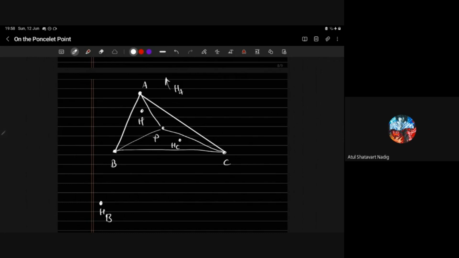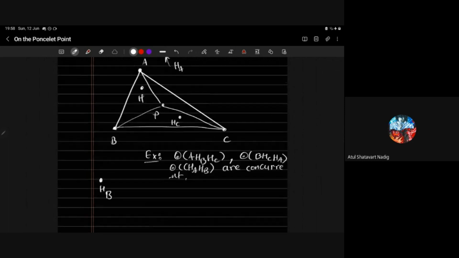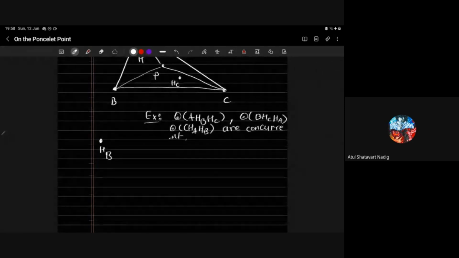For example, I'll give that as an exercise: the circumcircles of AH_BH_C, BH_CH_A, and CH_AH_B are concurrent. You can try that yourself. Maybe I'll give you a hint later.